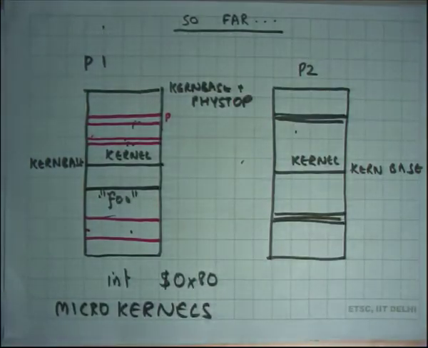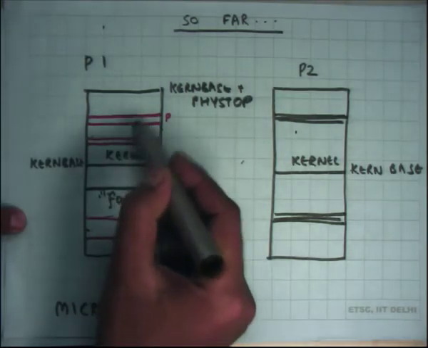Sir, but suppose when P1 allocated a page and updated its entry, it has updated its free page. Right, and the data structure, the free list itself, is living in the kernel space.